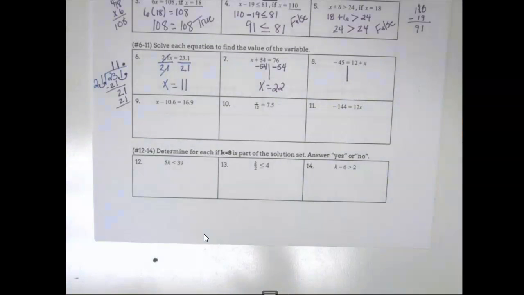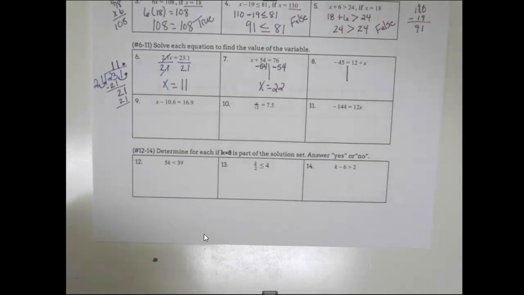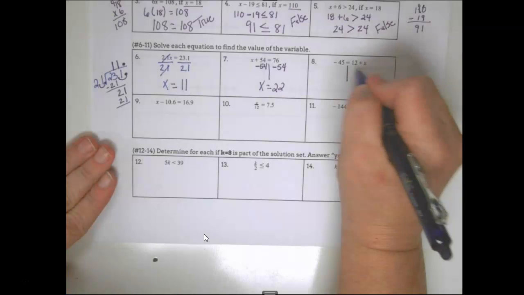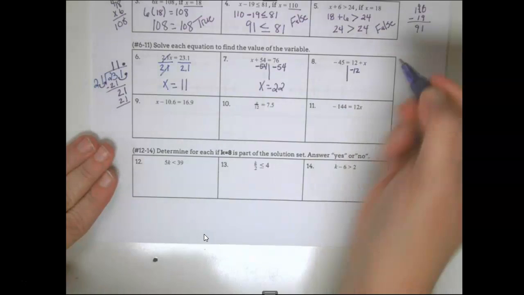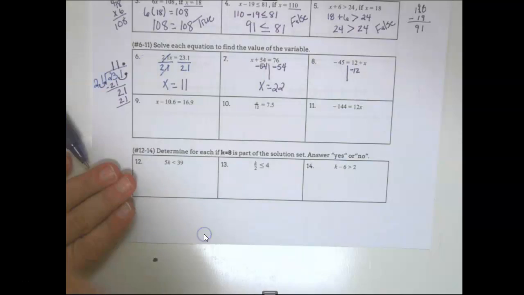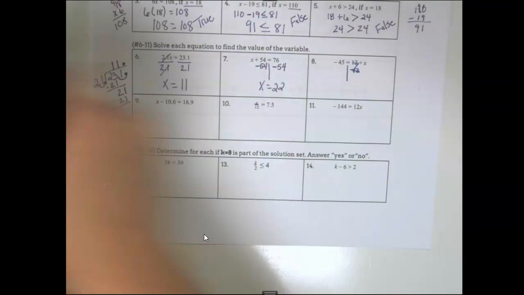I'm just putting a line down so it helps me separate it. Remember, you're always trying to isolate the x. Whatever is with the x, you are getting it away from the x. I have a 12 with an x. So I'm going to subtract 12, or I'm adding a negative 12. That's our zero pairs.